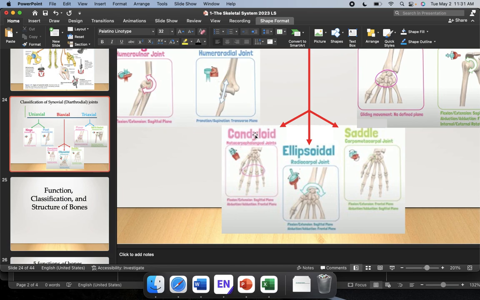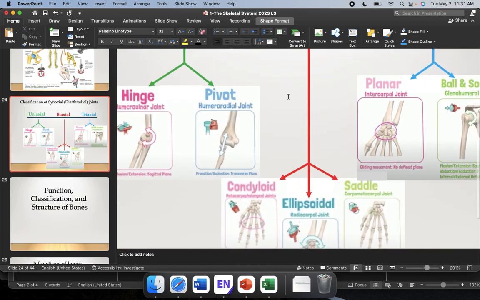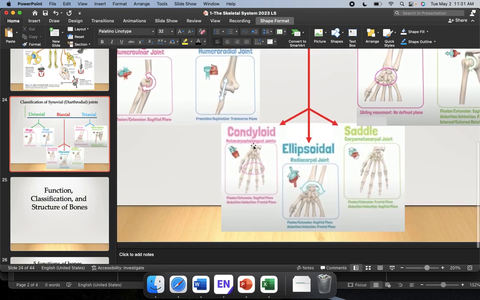We have flexion and extension, and you can flex and extend your fingers. But the other thing that you can do is adduct and abduct your fingers. So there are two types of joint movement at a condyloid joint, and an example is our metacarpophalangeal joints that move in these two planes.